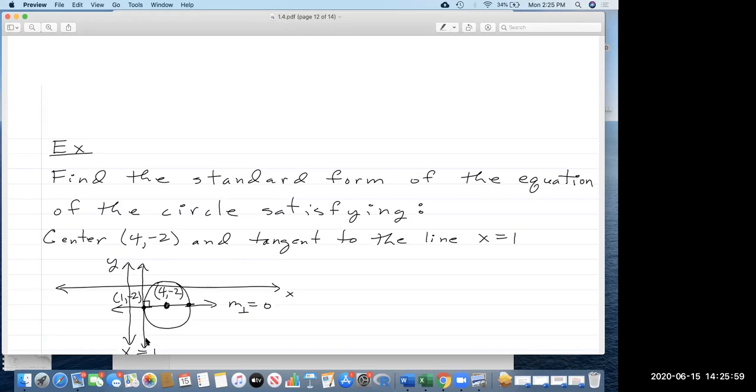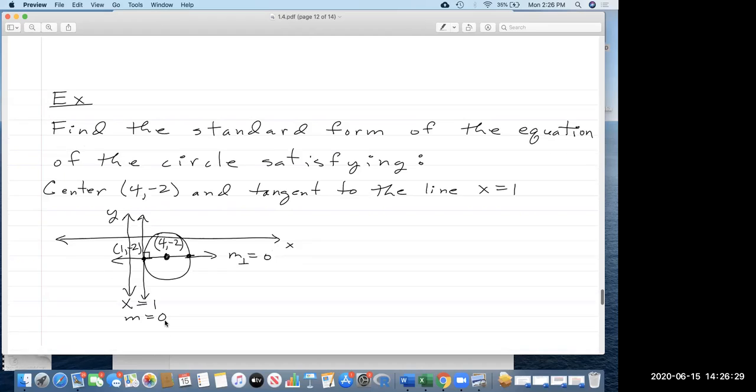So now I want to find the equation of the circle. So the center of my circle is 4, negative 2. The distance from 4 to 1 is 3.